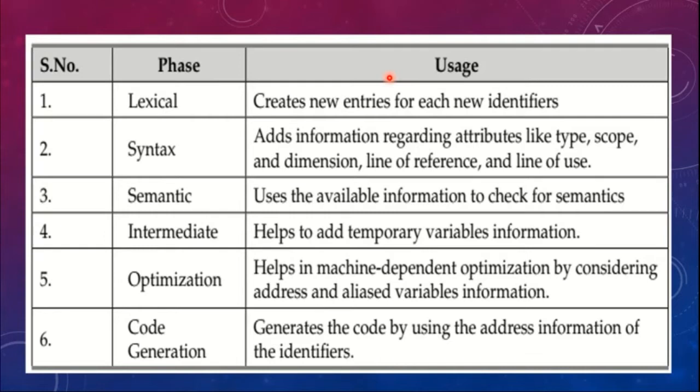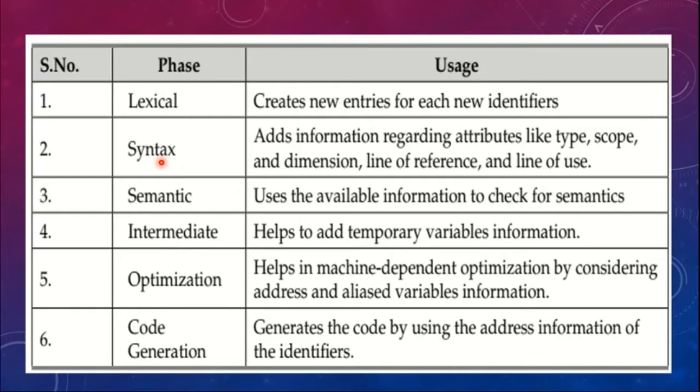That means at the time of creating the tokens, the lexical analyzer creates an entry in the symbol table for each and every identifier. And next, syntax analysis. In this phase the symbol table can have some additional information added to the already existing data from the lexical analyzer.